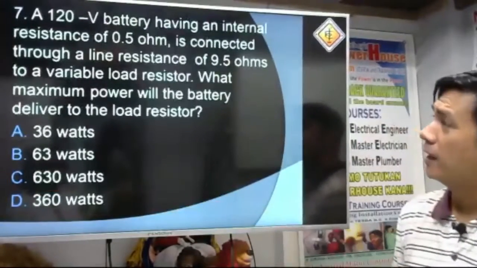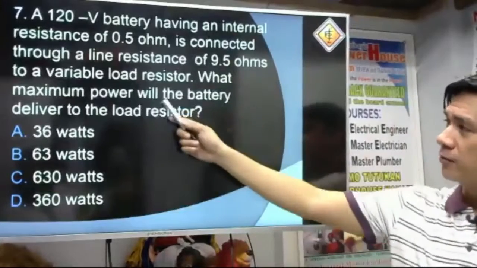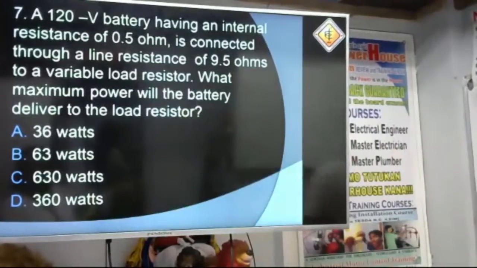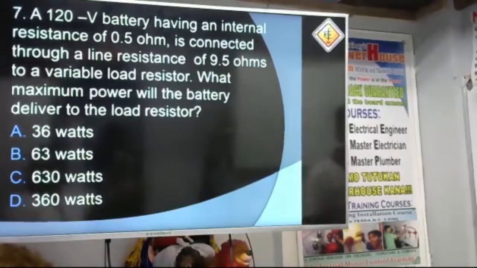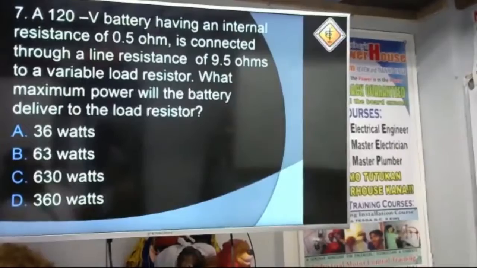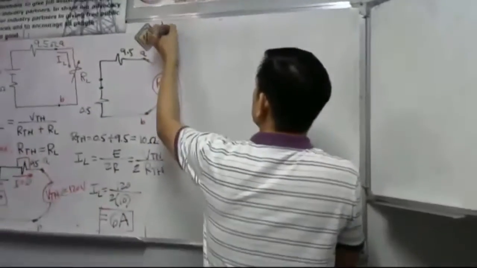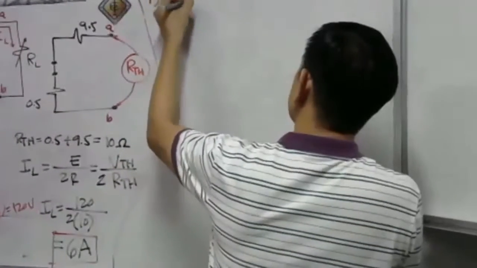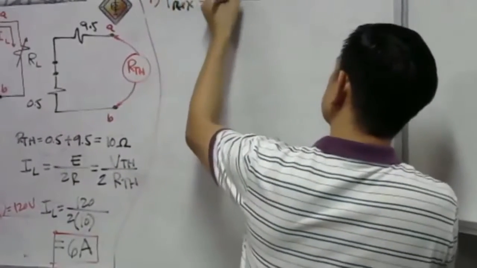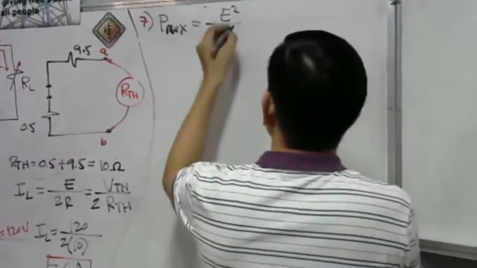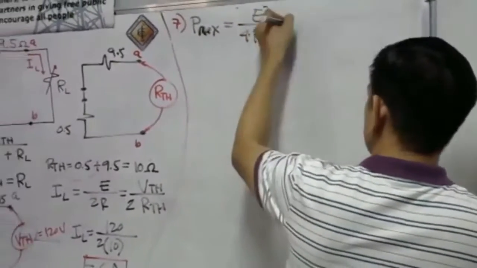Then, what maximum power will the battery deliver to the load resistor? What is the maximum power? We can go directly with our formula for maximum power. Our Pmax, again, is E squared over 4RL.